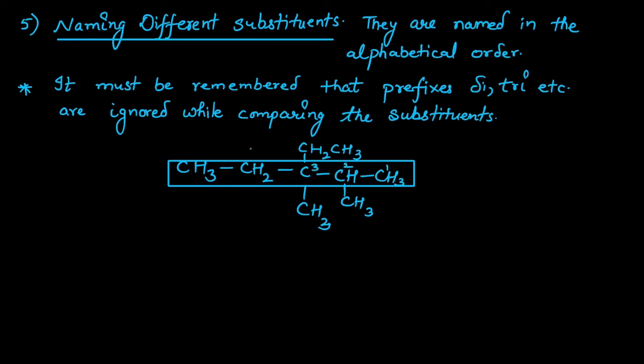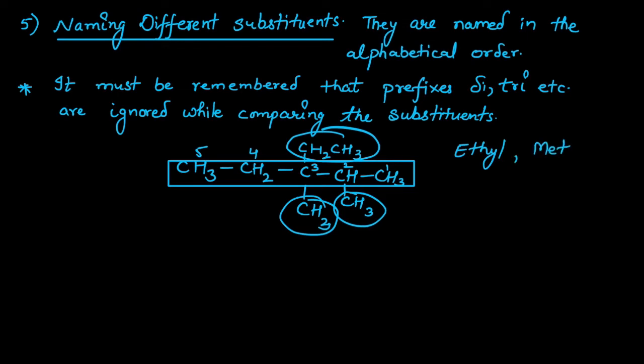So we have a 5 carbon chain, and this as a substituent. We can clearly see that there are 2 different substituents, one is ethyl and the second is methyl.